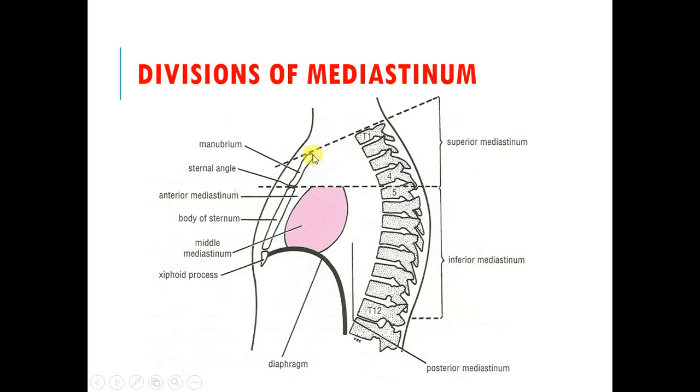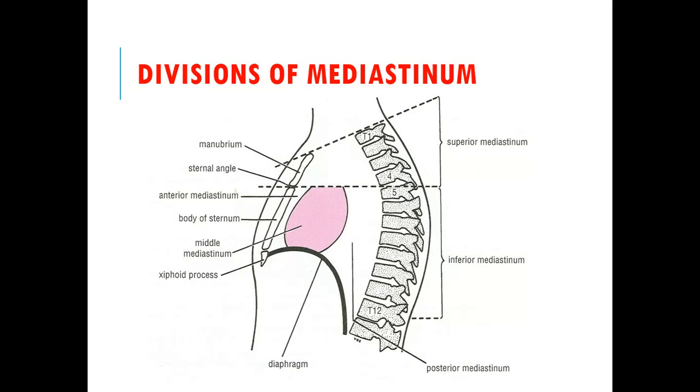So we see that anteriorly it is bounded by the manubrium, posteriorly it is bounded by the T1, T2, T3 and T4 vertebra. This is called the superior mediastinum.